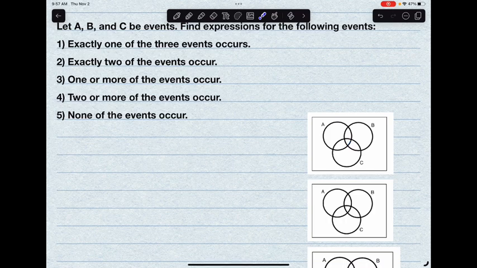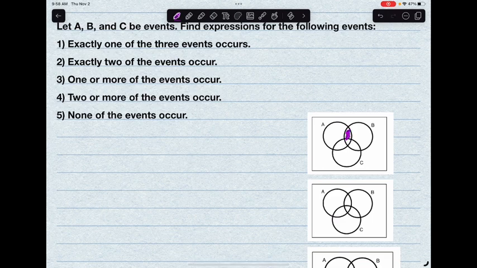Now what we want here is exactly one of the three events occurs. So it can't be here, because here means none of them occurs. What about here? Here means A and B both occur.